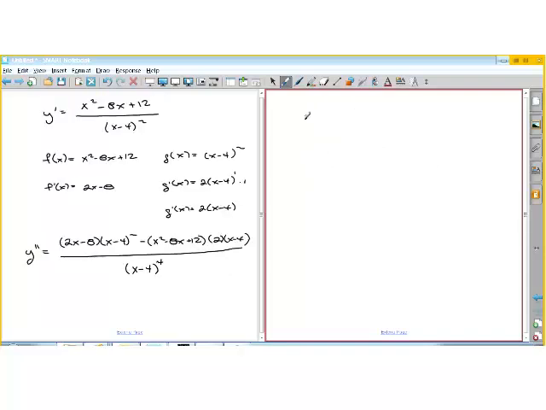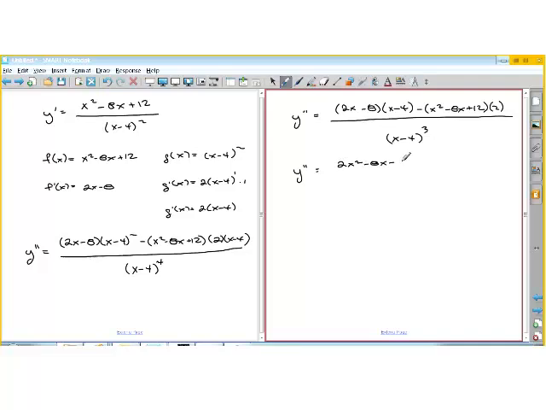Now you can cancel out an x minus 4, so we'll get 2x minus 8 times x minus 4 to the first power minus x squared minus 8x plus 12 times 2, because the other thing cancels out. And in the denominator we have x minus 4 cubed instead of the fourth power. So now we multiply this stuff out again. We'll get 2x squared minus 8x minus 8x plus 32 from FOIL.